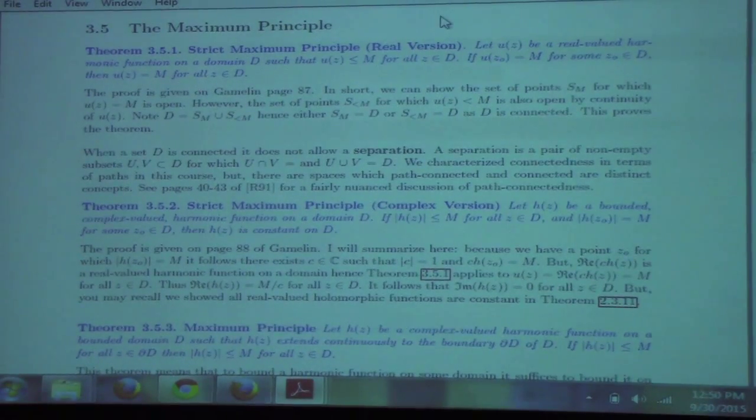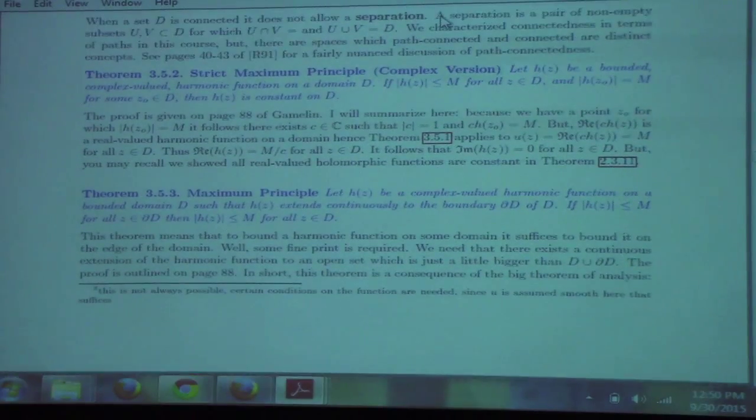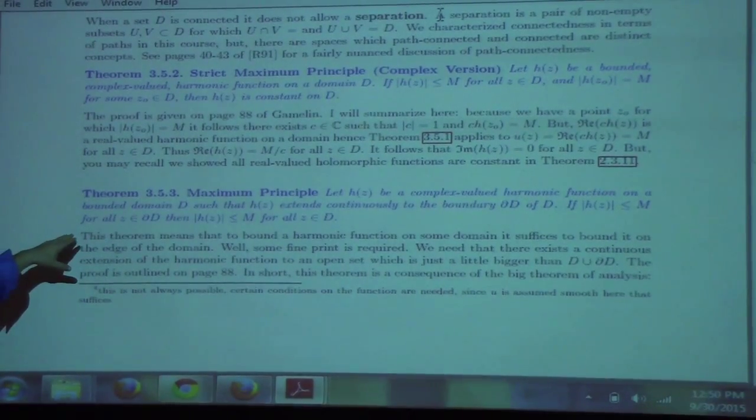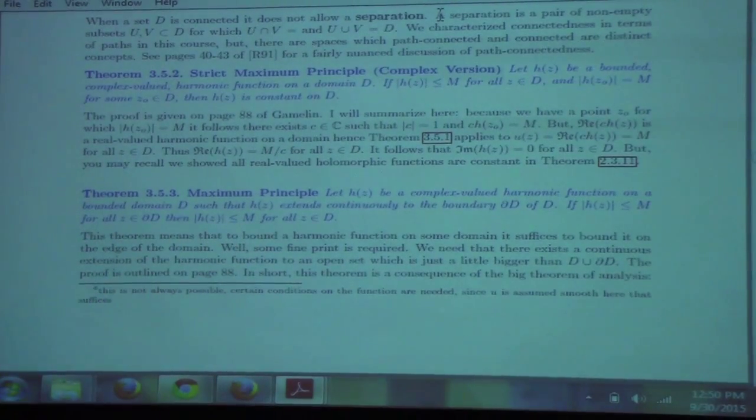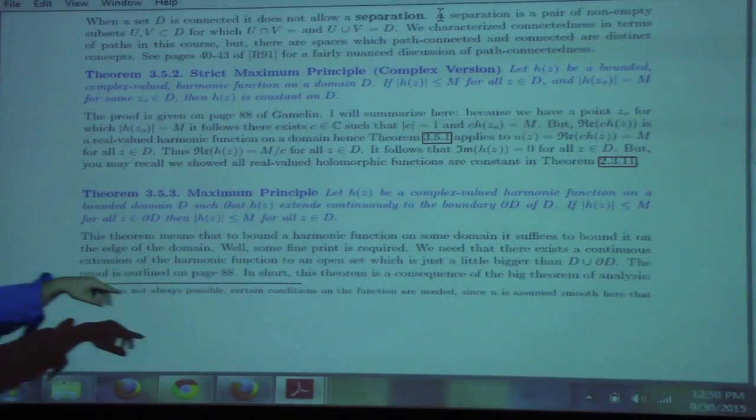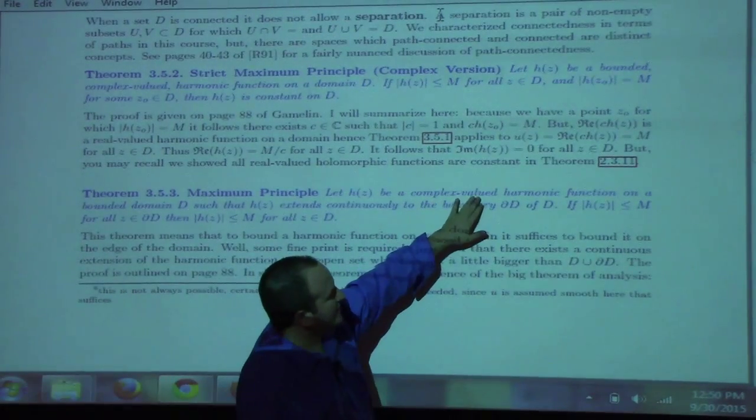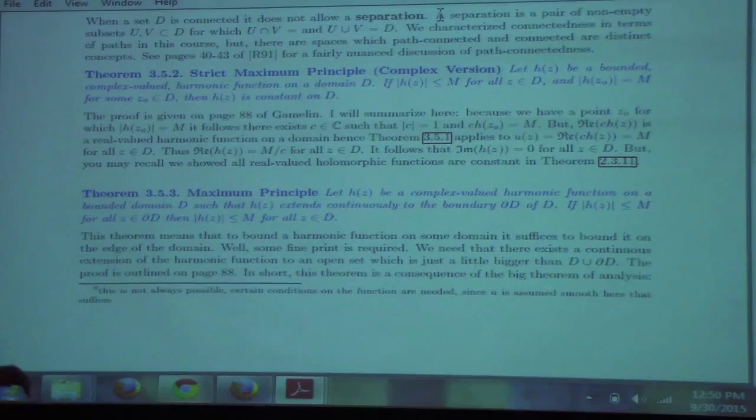The maximum principle, though, is really what I want to talk to you about for a minute. Here it is. Let h of z be a complex valued harmonic function on the bounded domain D, such that h continuously extends to the boundary of D. Then, if the modulus of this harmonic function is bounded on just the boundary, then the modulus of the function is bounded throughout the domain.